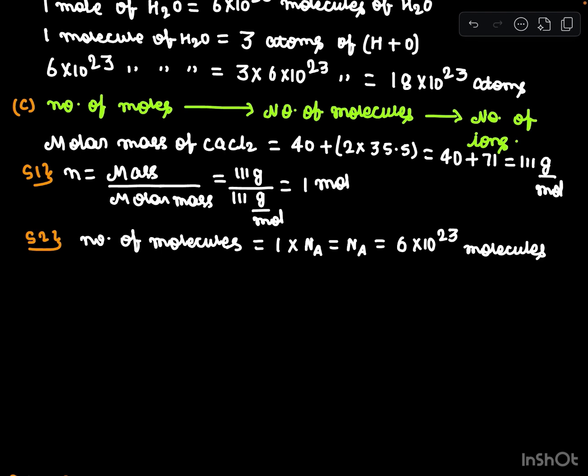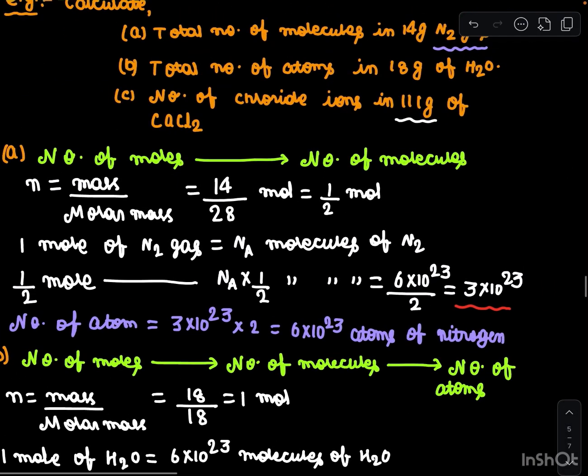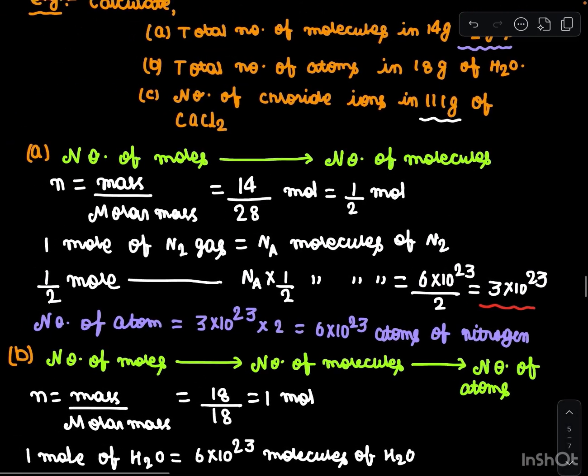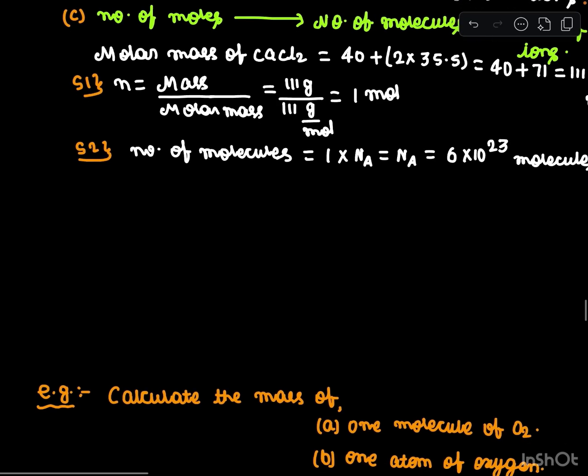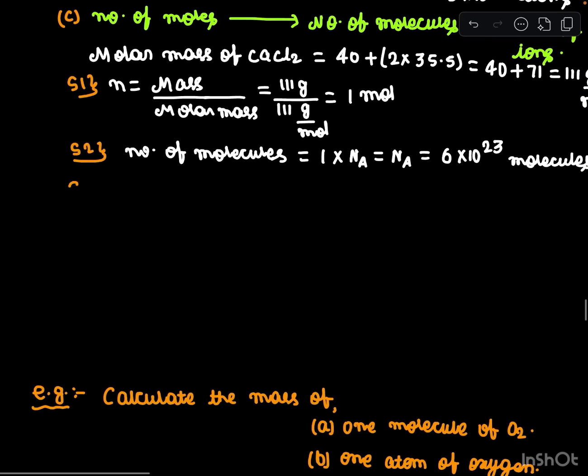Now we have to calculate number of chloride ions. Since one molecule of CaCl2 contains 2 chloride ions, and number of molecules is given, we can calculate total number of chloride ions. Step 3.